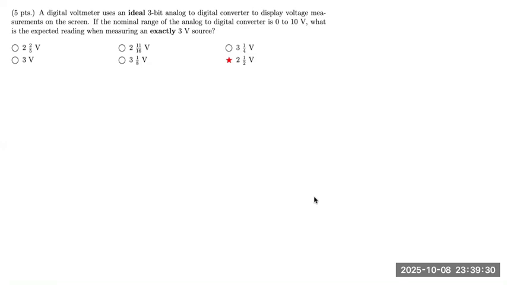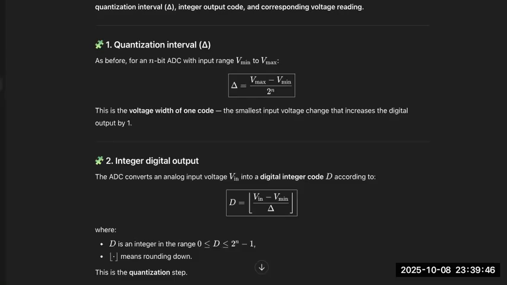First, we have to familiarize ourselves with a few terms. Namely, these terms are quantization interval, integer output code, and corresponding voltage reading.